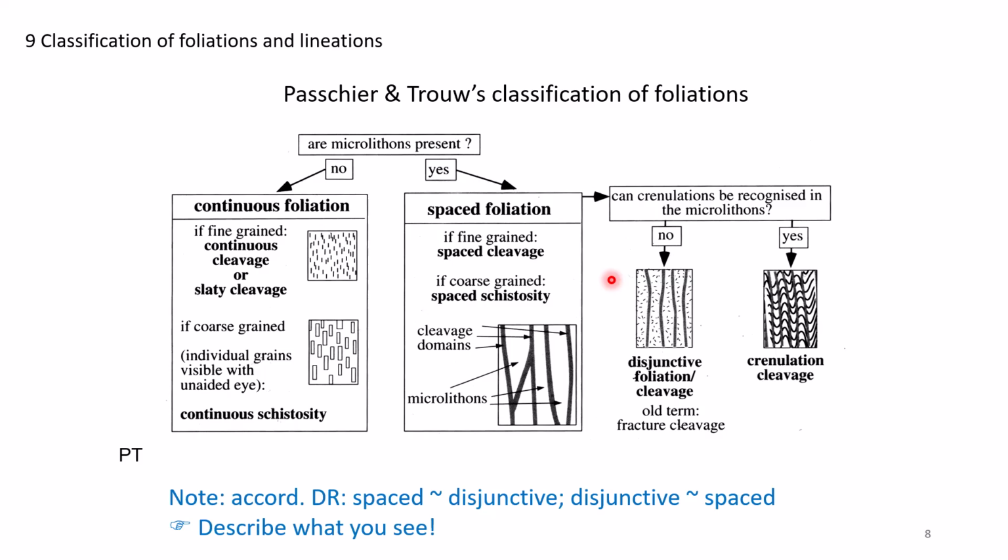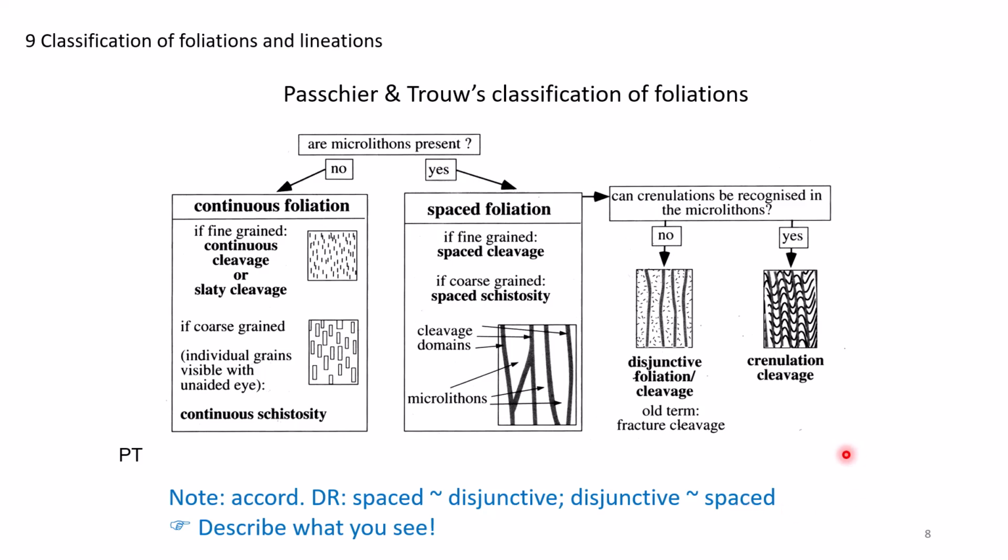It is a bit unfortunate that the literature on structural geology does not agree on one single classification scheme, and if you read other textbooks, for instance Davis and Reynolds' textbook, the definitions are slightly different, and what is referred to here as a spaced foliation is more or less a disjunctive foliation, and disjunctive is referred to as spaced.